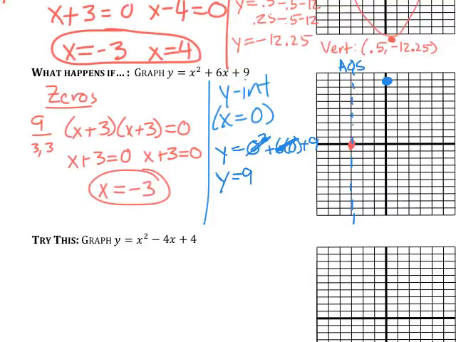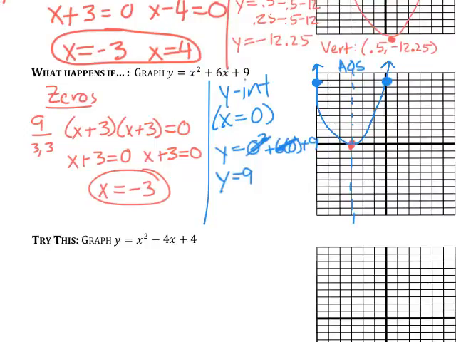Okay, it always runs through the vertex. Symmetrical, again, means same on both sides. So if this y-intercept right here is 1, 2, 3 spaces away from the axis of symmetry, that means I can go 1, 2, 3 spaces on the other side, and there will be my third point. Okay, and then I can draw my quadratic from there, or my parabola from there.